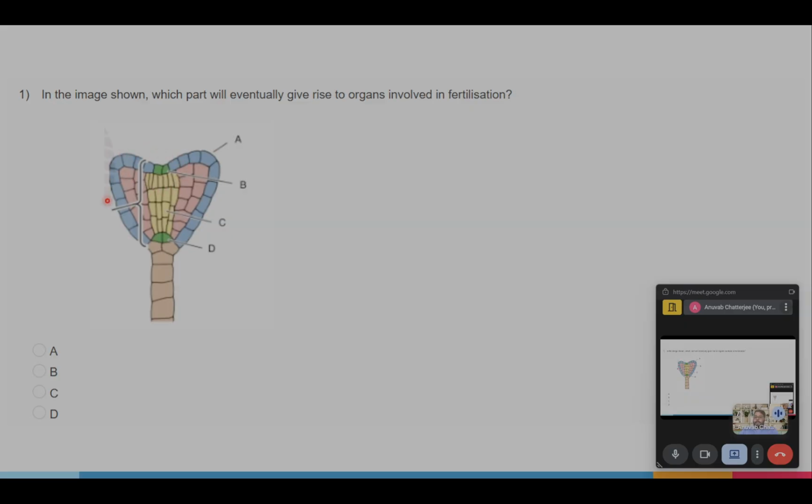So which part of this embryo will give rise to different parts that are required for fertilization in the adult plant? We have four options, A, B, C, D. I will give you a moment to figure this out and answer this.